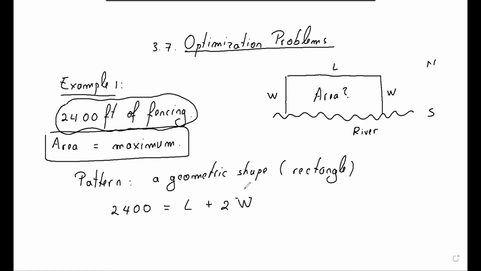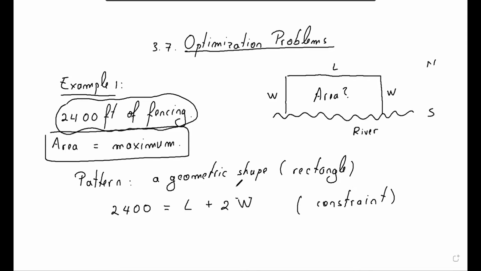All these problems will have a situation like that, where you will be given either the area or the perimeter of something, and that will give you a constraint, a constraint between the length and the width.